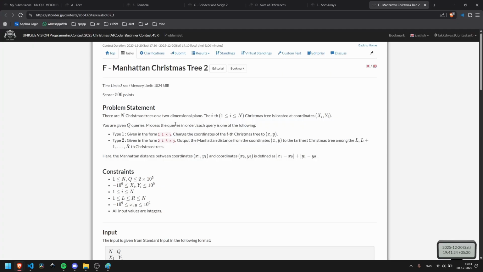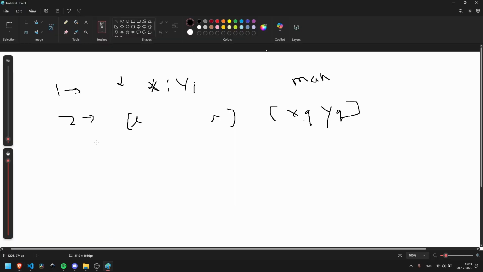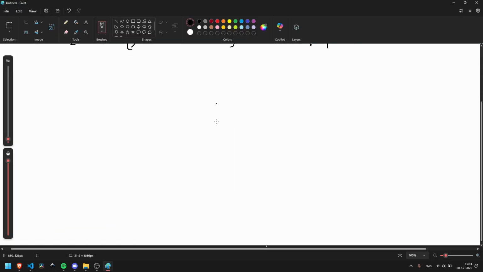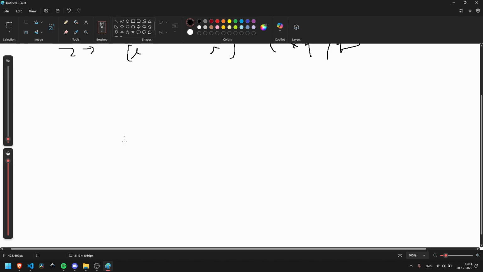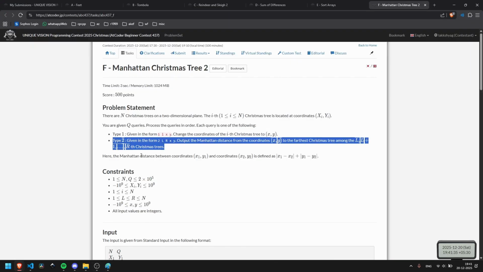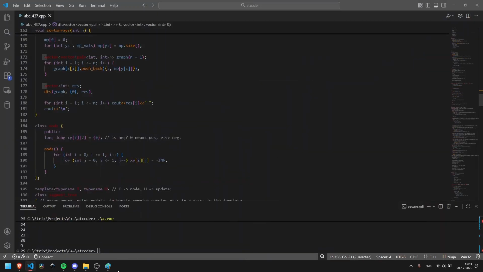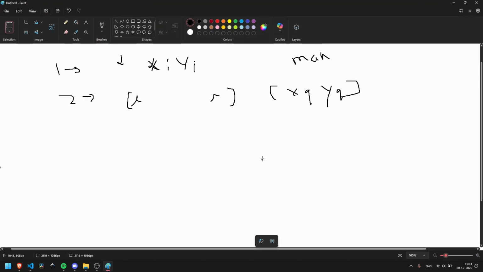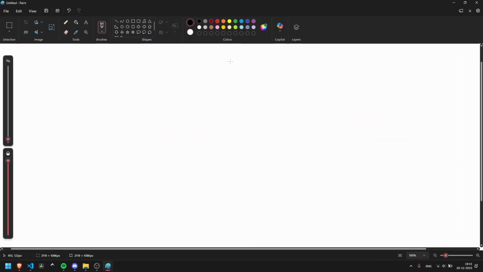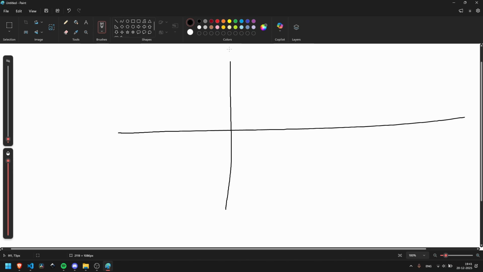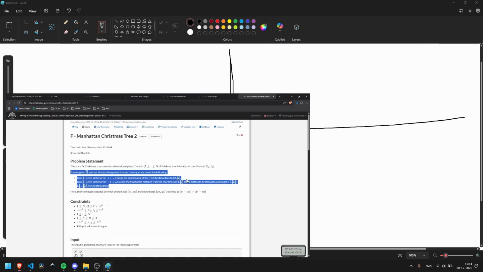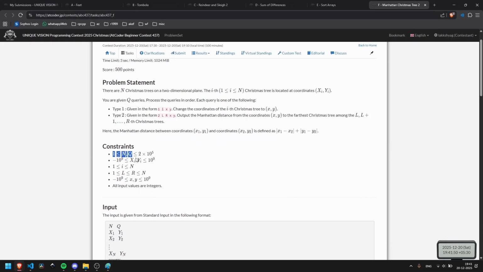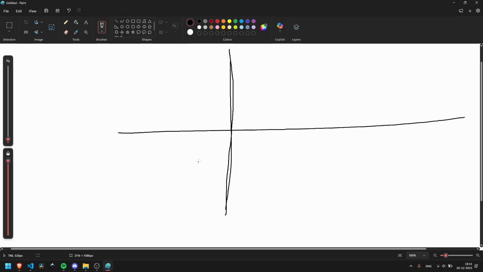So obviously my first intuition was, okay, point update range query, some sort of segment tree will be applied here. After getting the segment tree intuition, the first thing you try is to make some rough sketch. Obviously the constraints would only allow an n log n or n log q solution.